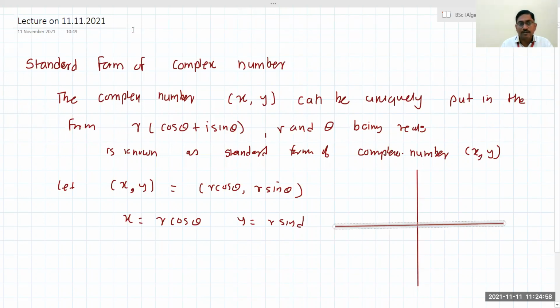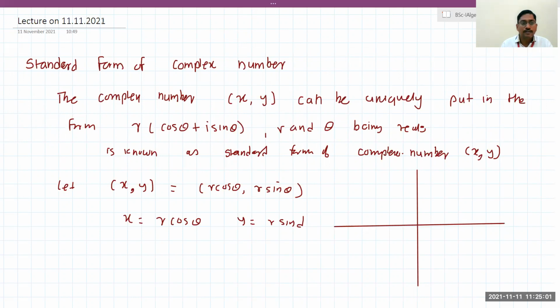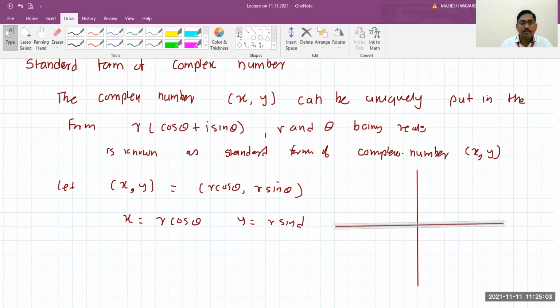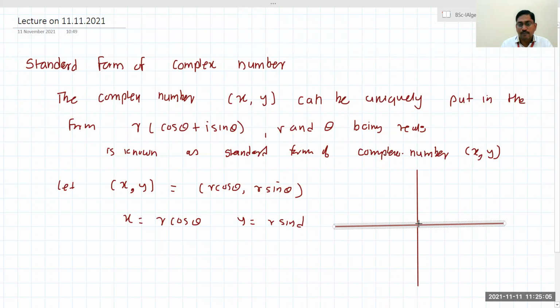This is the y-axis, and let us take the complex number. Suppose this is the complex number. It has position p.